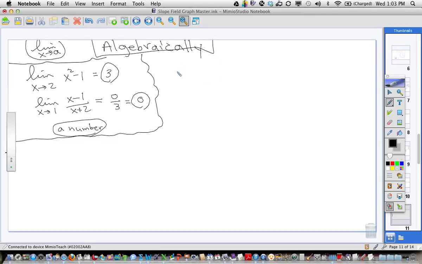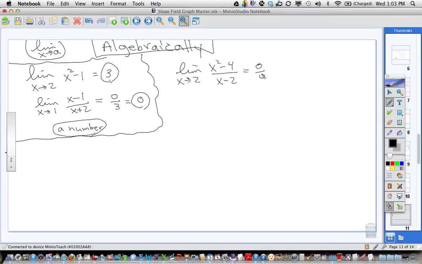Okay? Here's another one that we did. Limit as x approaches 2, x squared minus 4 over x minus 2. And we try to plug in our 2, and what happens? Well, not only do you divide by 0, but you get, no, not a vertical asymptote. You get 0 over 0.